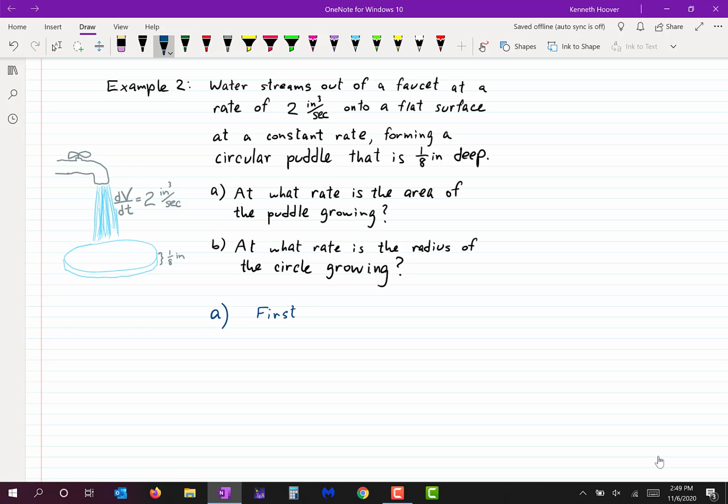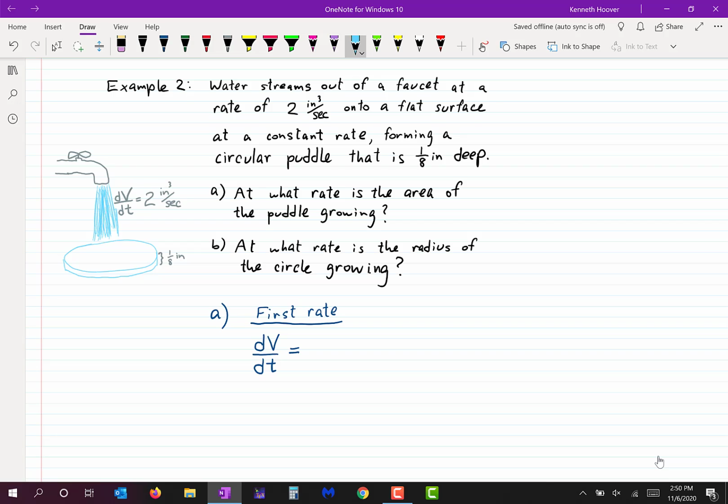that we have is one that they gave us. They told us the rate of change of the volume. By the way, that water is coming out of the faucet at a rate of 2 cubic inches per second.